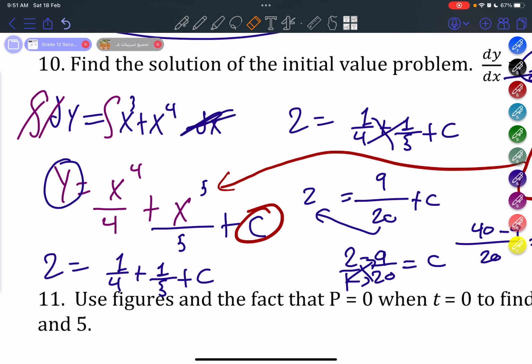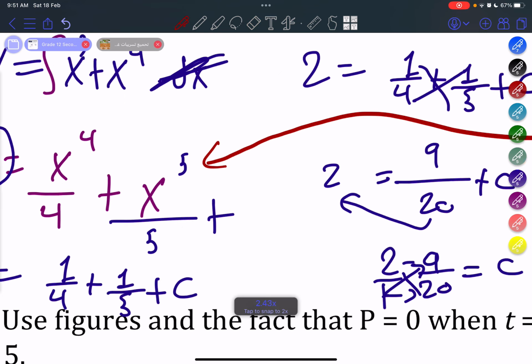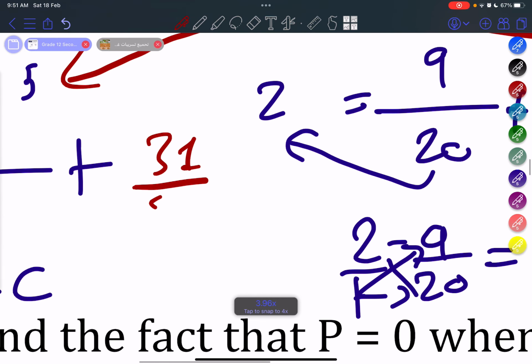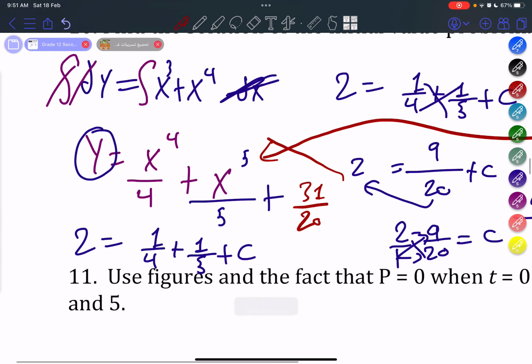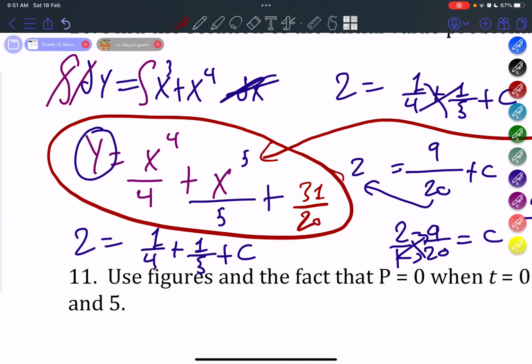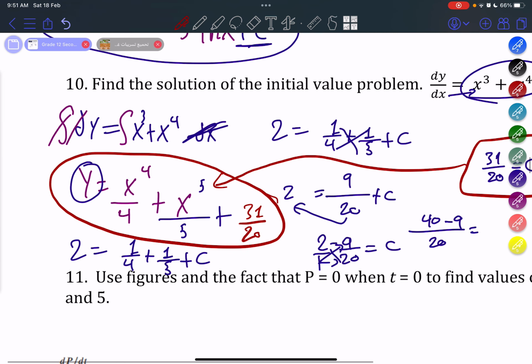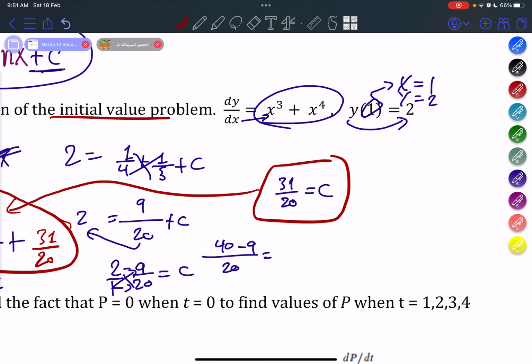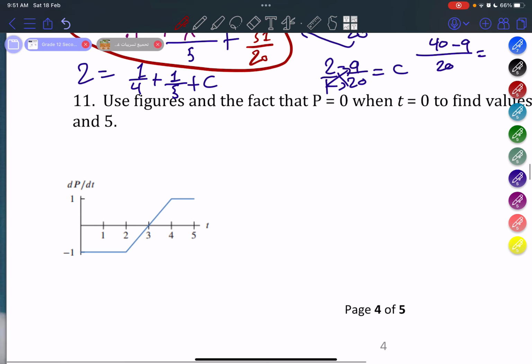So we remove c here and put 31 over 20 as the value of c. And that is our final answer: y equals x power 4 divided by 4 plus x power 5 divided by 5 plus 31 over 20. And that is the solution of the initial value problem where y of 1 equals 2.